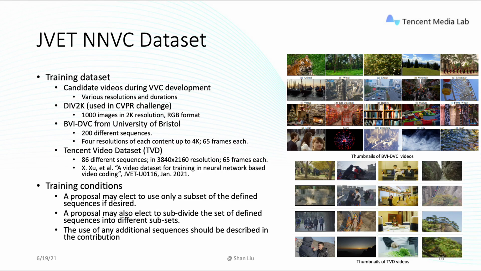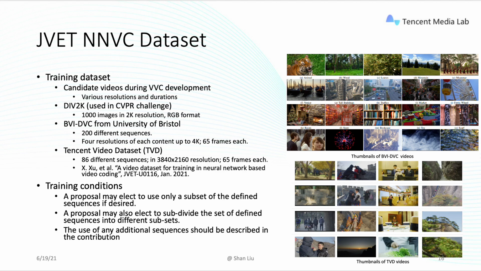Early JVET exploration activities on neural network-based video coding used DIV2K image data set for training. But JVET understood that image database may not be ideal for training video compression models and has been actively searching for suitable video training data sets.